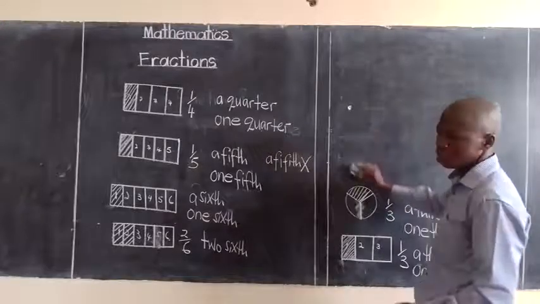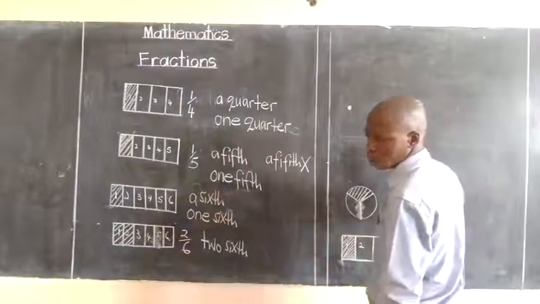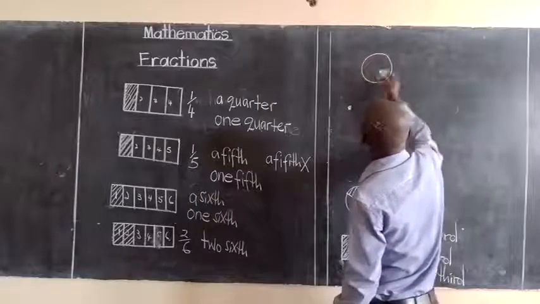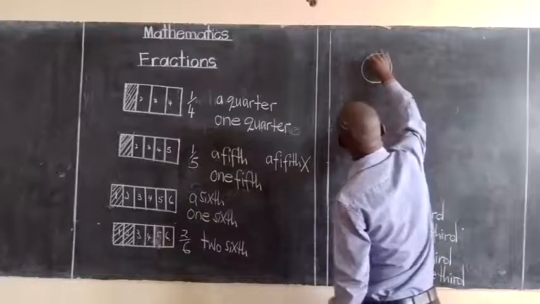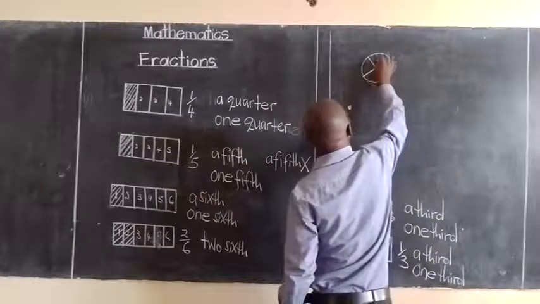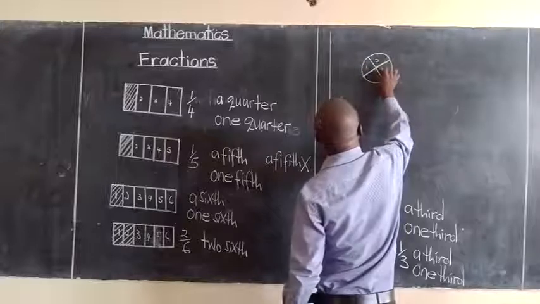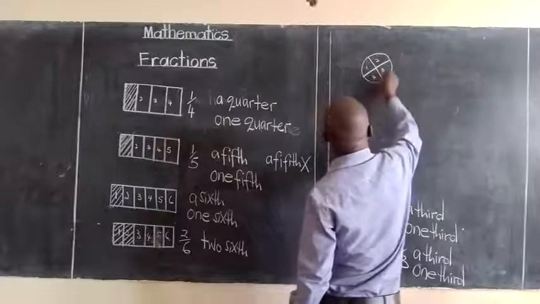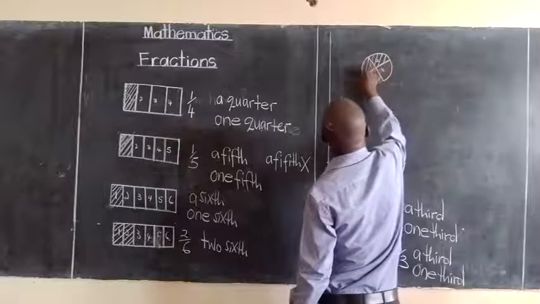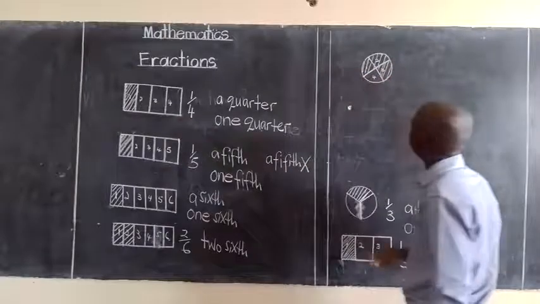We are having several examples so that I want you to understand. For example, here, that is our whole. Now the whole is being divided into different parts. We are having 1, 2, 3, 4 parts. Let's remove 3. The 3 parts are removed.